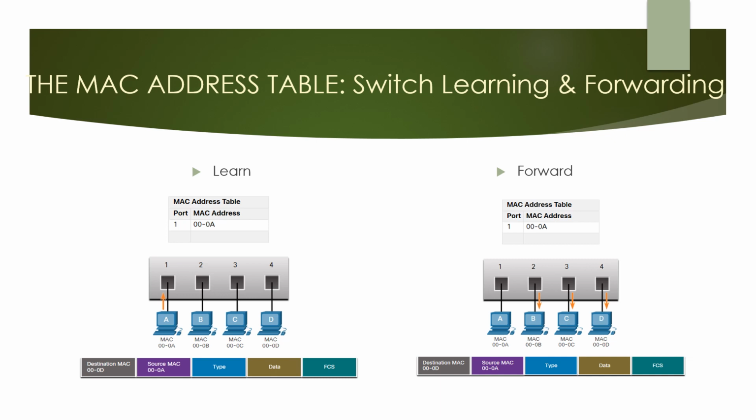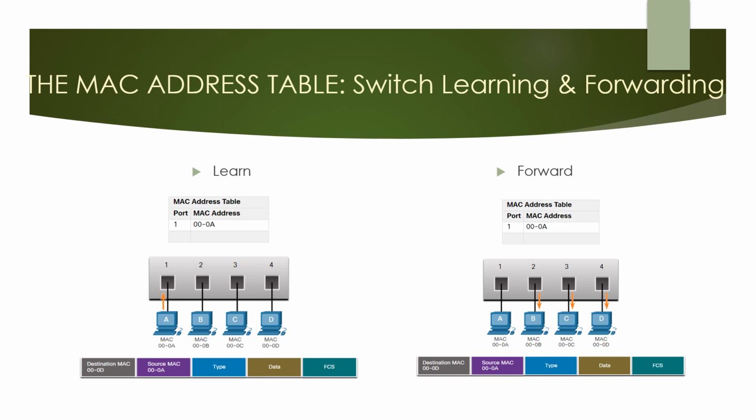If the destination MAC address is in the table, it will forward the frame out the specific port. If the destination MAC address is not in the table, the switch will forward the frame out all ports except the incoming port, and this is called unknown unicast.